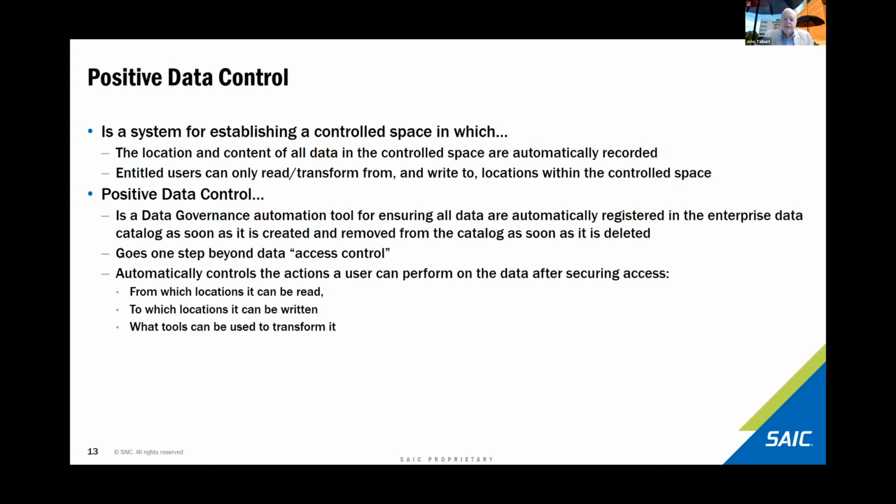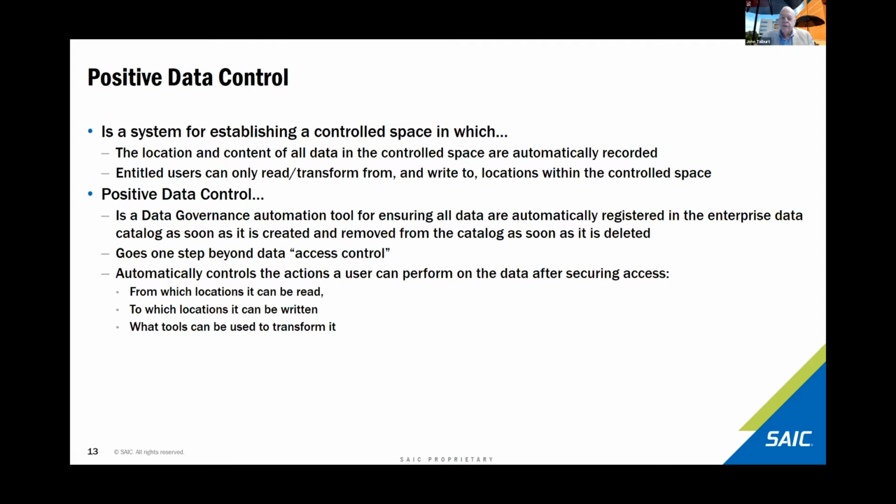So basically it's defining what we call a controlled space where we actually control the data, but not only control the data, but we control what people can do with that data in that control space. This is where we've made a lot of advances in data security. We all have to go through multi-factor authentication and many things to get to data.